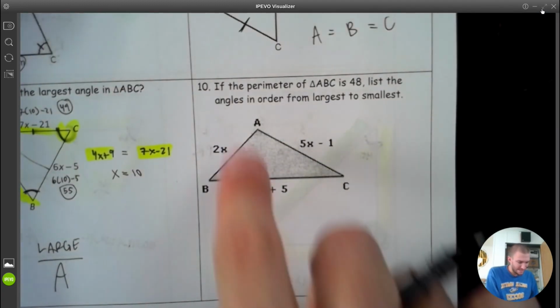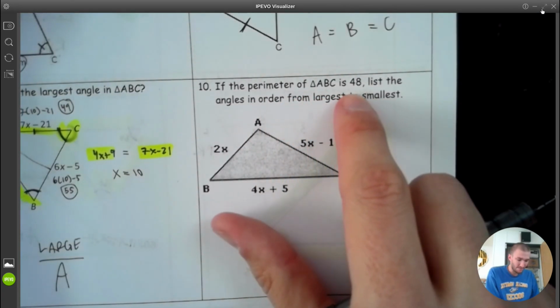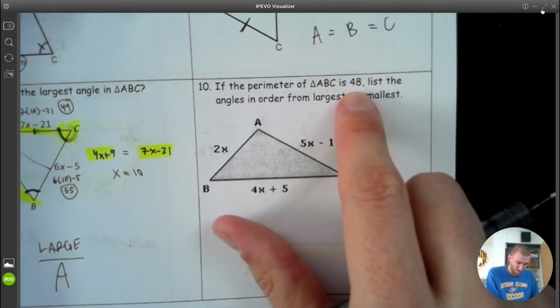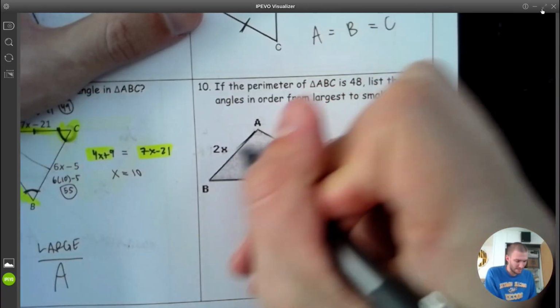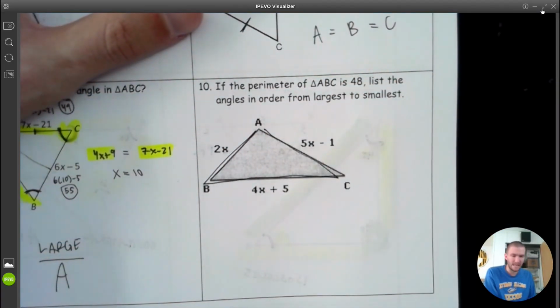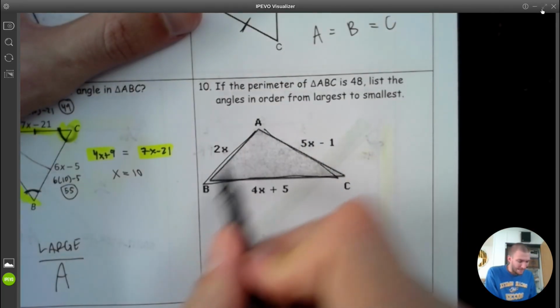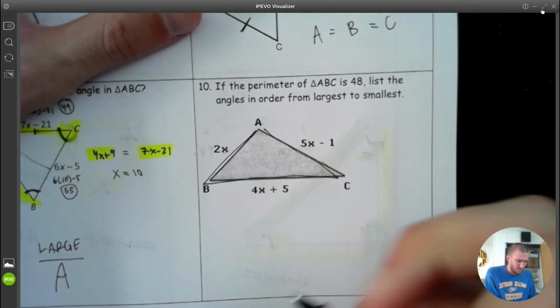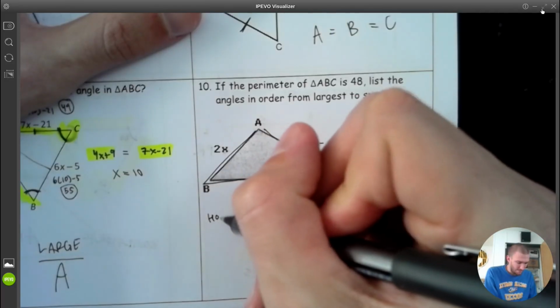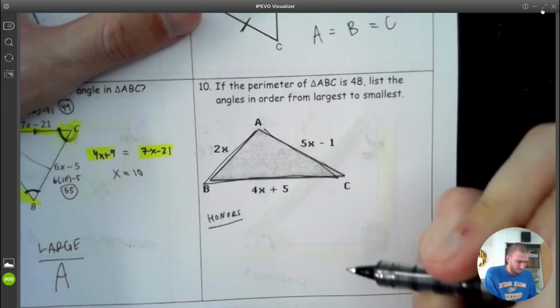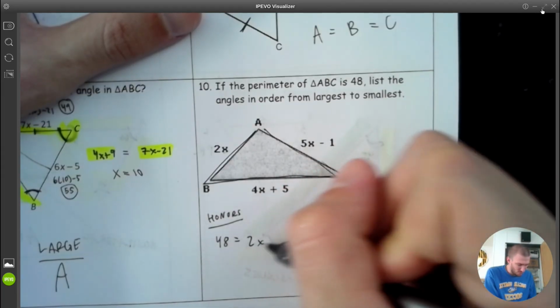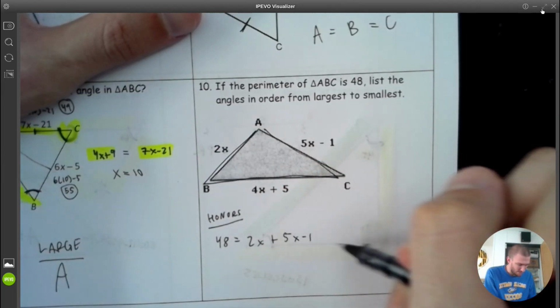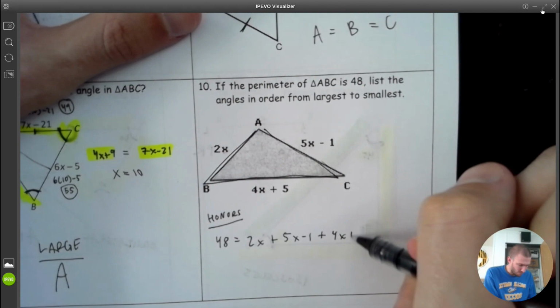And lastly, if the perimeter of triangle ABC is 48, a little bit of an honors question here. Perimeter means the sum around the sides, adding up all the sides. And if adding up all the sides is equal to 48, this would be 48 equals 2x plus 5x minus 1 plus 4x plus 5.